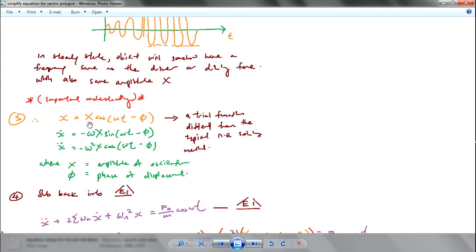You still remember last week we talked about the trial function x cosine omega t minus theta, where the minus theta means that there is something lagging behind, maybe the force function. The structure itself is moving slower than the force function.